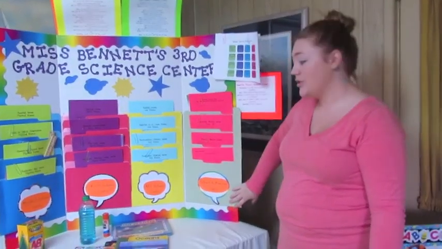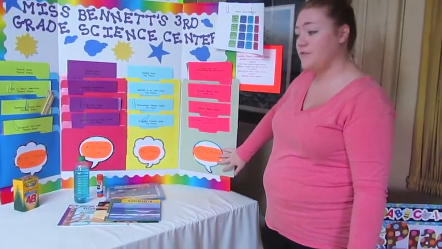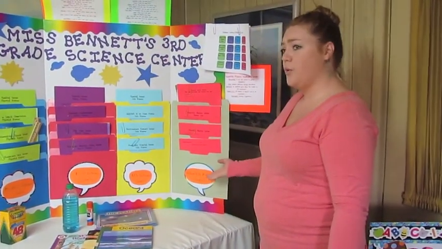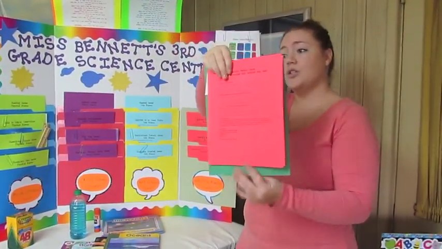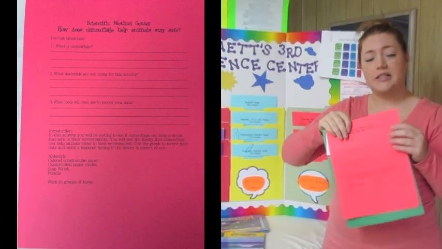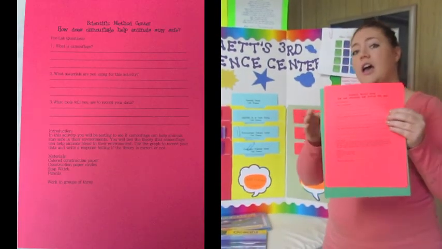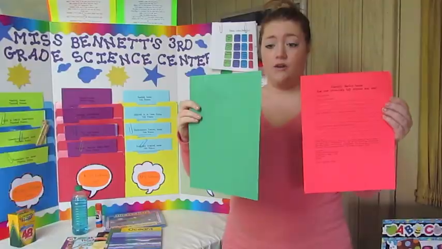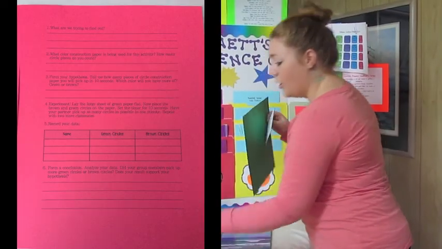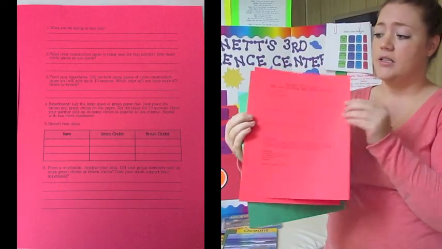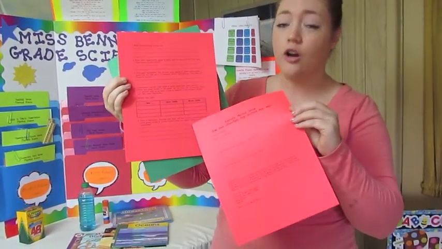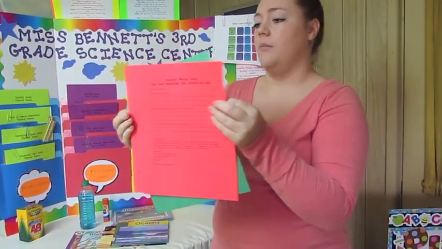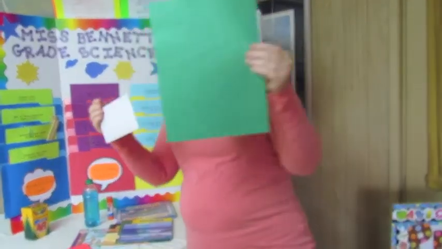The final center that we have is the Scientific Process Center, and we'll work our way down again. For this one, the students are going to be doing an experiment deciding if camouflage will help animals in their environment. Each paper has questions that they need to answer. It has a chart for data, and then they have what they would use to do their experiment.